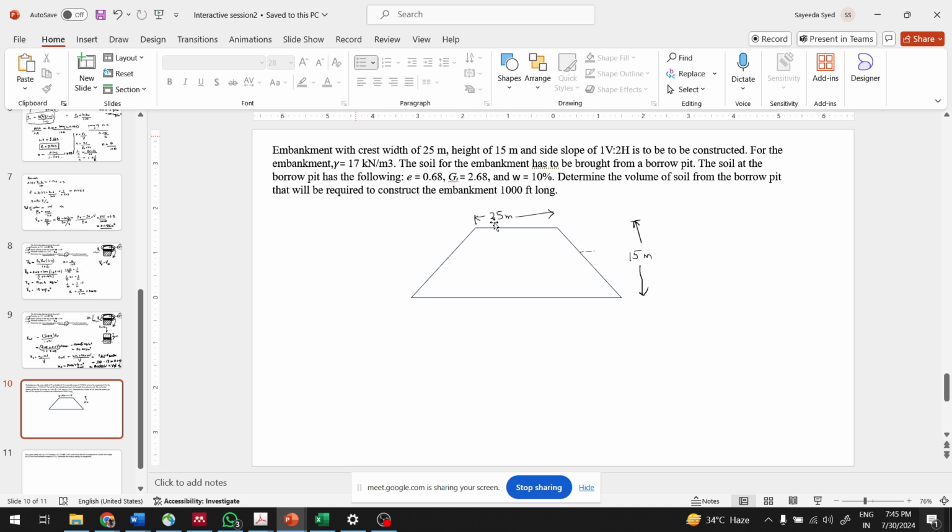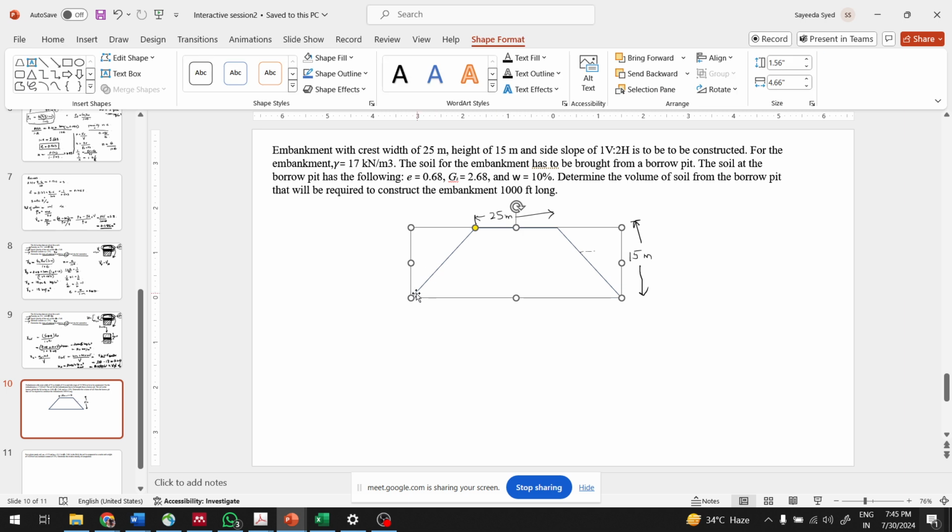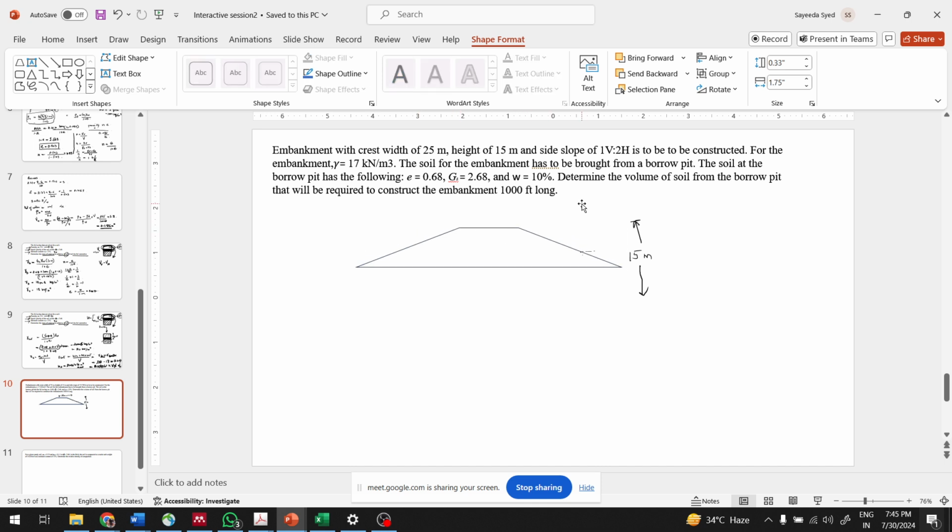So it will be something like this: one vertical, two horizontal. Okay, flatter, I mean to say.